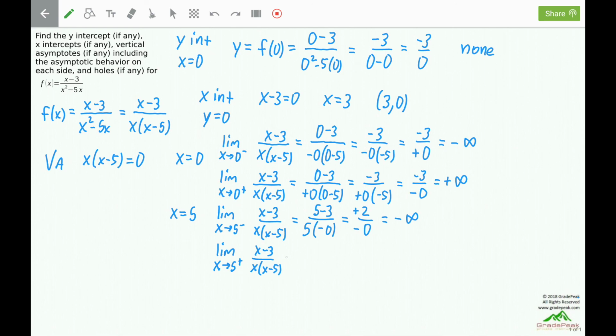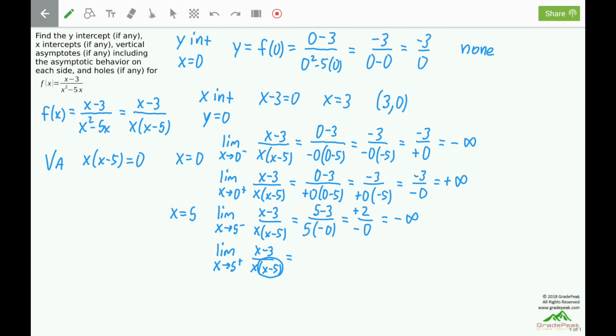Now we can analyze the right side of 5, which will be similar. Right side of 5 is more positive than 5, like 5.01. If plugged in for x in the factor that's making 0 in the denominator, the x minus 5, 5.01 minus 5 is positive.